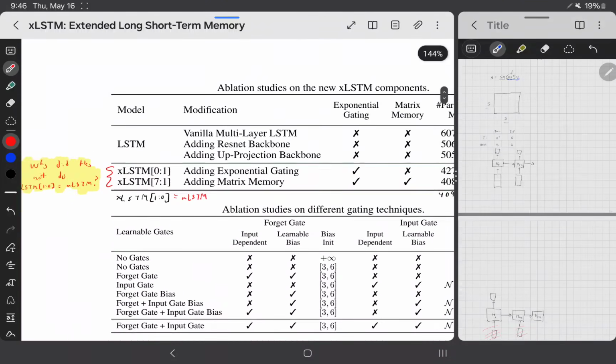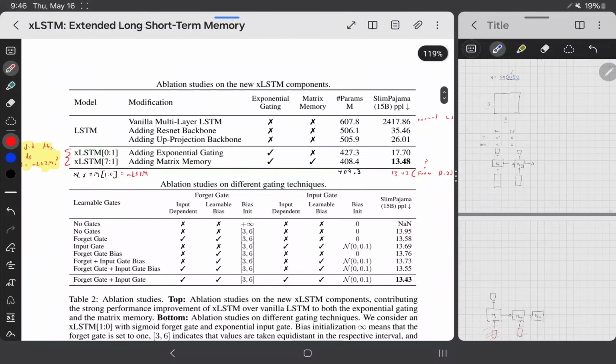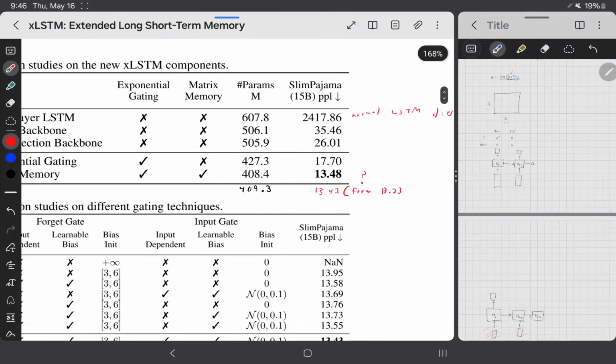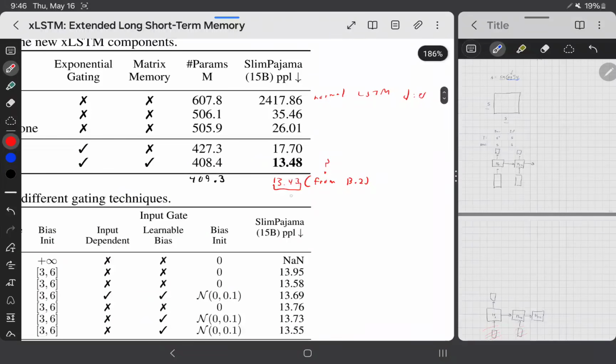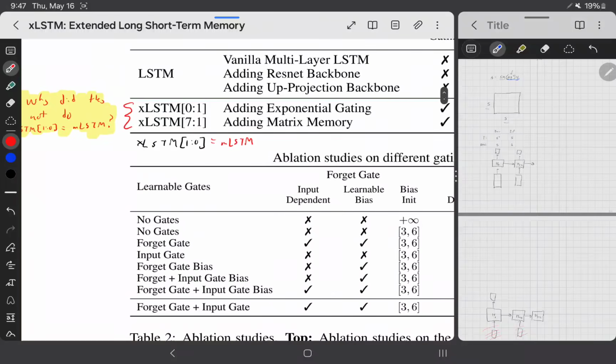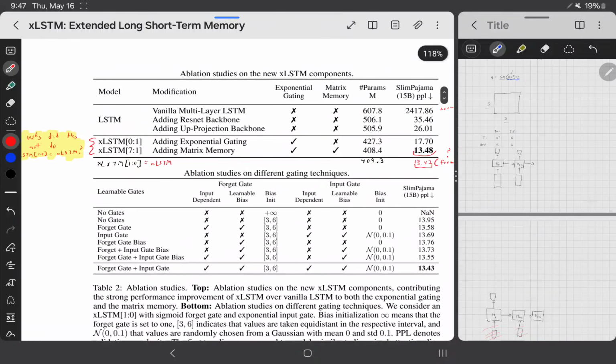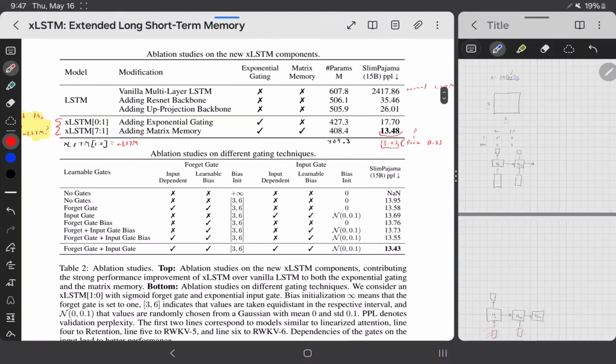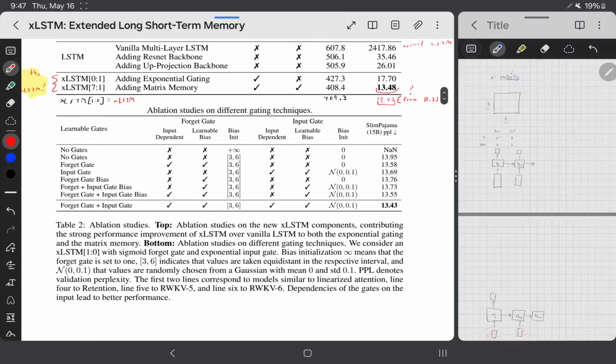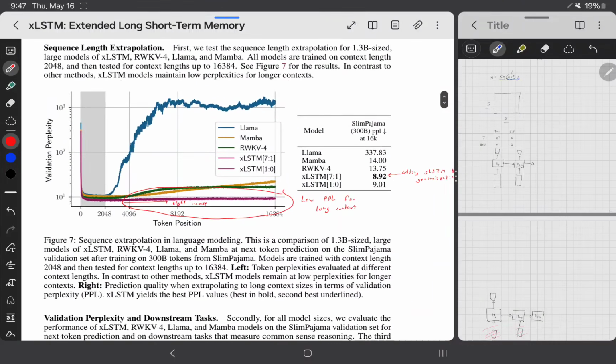And if you look in the appendix, the model with just mLSTM layers is actually better than the mix with sLSTM and mLSTM layers. So I think you could just need mLSTM layers in this model. I don't think you need any sLSTM layers. Just a side note that I saw when reading this paper.